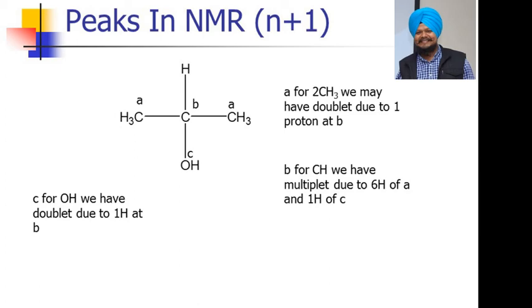That means the 6 hydrogens, 3 plus 3, having the same environment, will give a doublet. On the other hand, B for CH, this is CH, we have a multiplet due to the 6 hydrogens and 1 H of C. Similarly for OH we have a doublet due to 1 H at B.